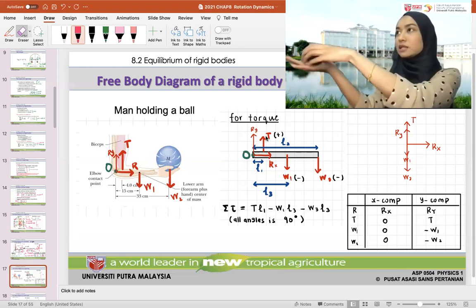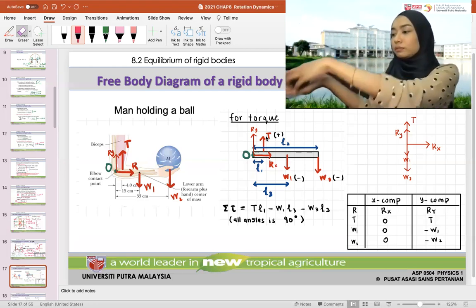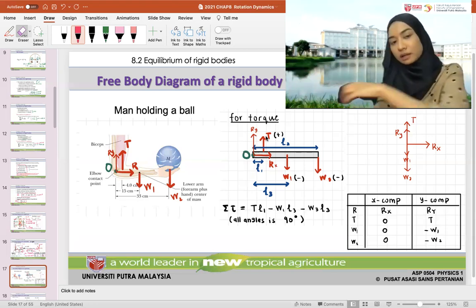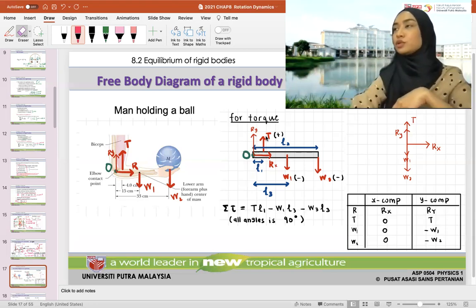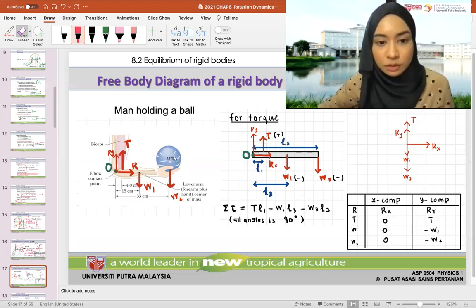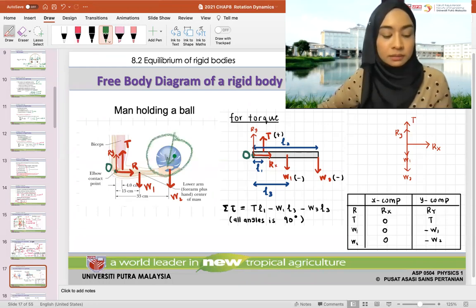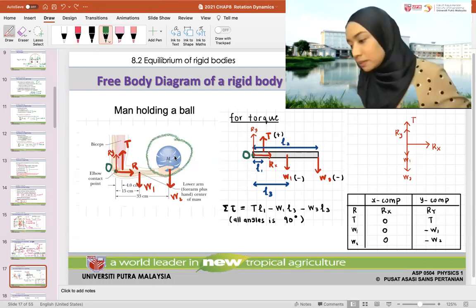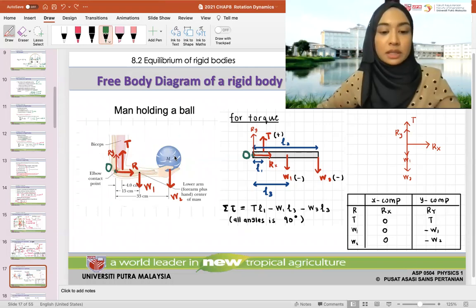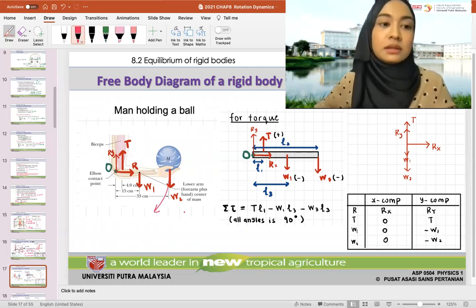So if this is super heavy, like a dumbbell instead of a vitamin bottle, my hand would go downwards, right? So it will contribute to a clockwise rotation. So if this is super heavy, our hand would fall down. So it's a clockwise rotational motion.